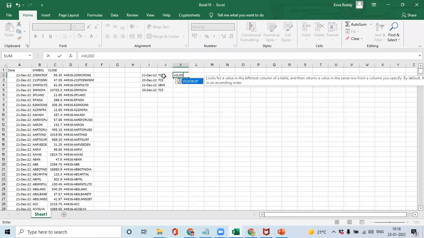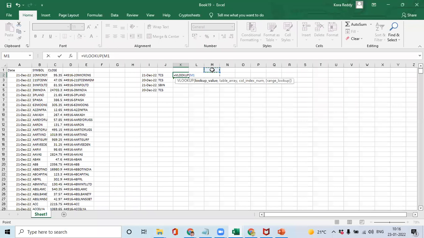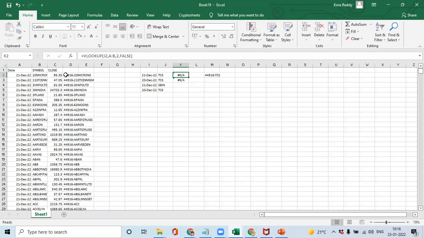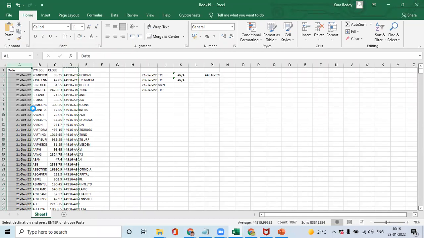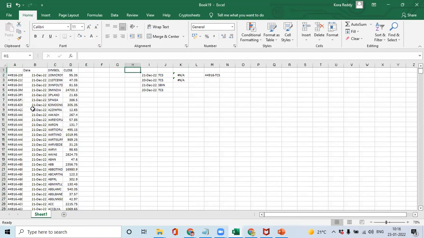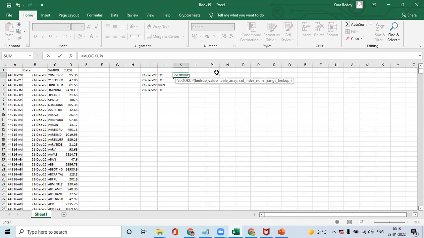So my VLOOKUP now is of M2 in this database, and it is the fourth item.